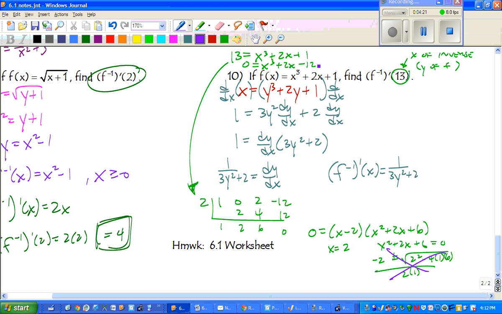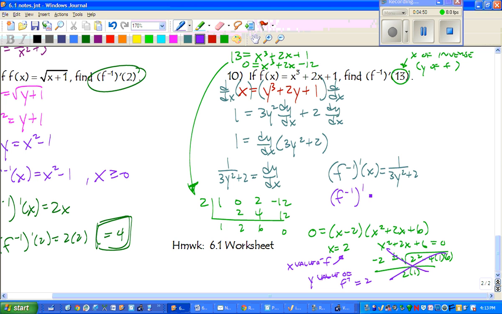So here our original x value is 2. That's the x value of f. So that means the y value of the inverse of f is 2. So we're actually going to be plugging in 2 for y.